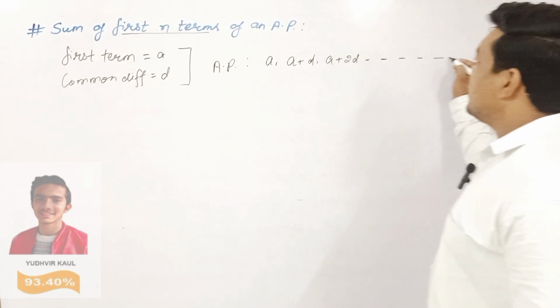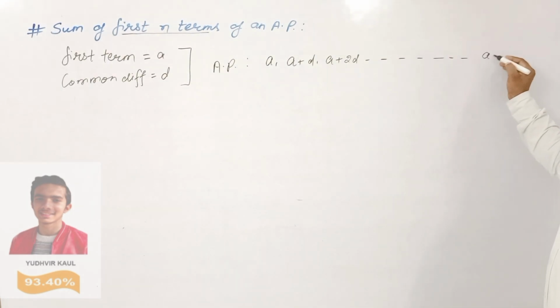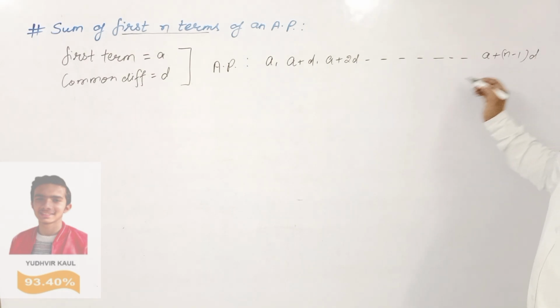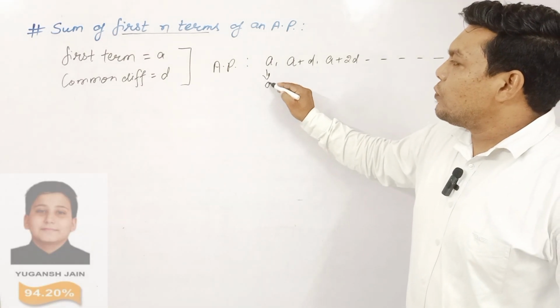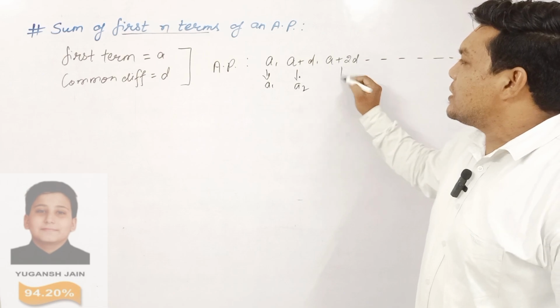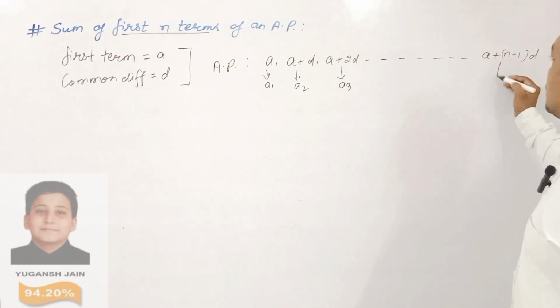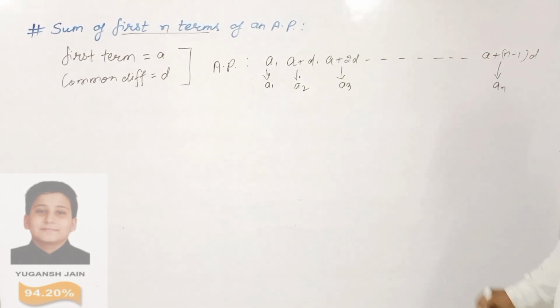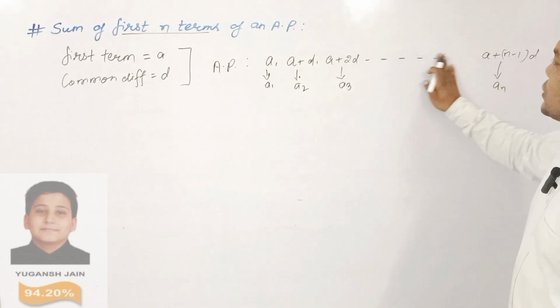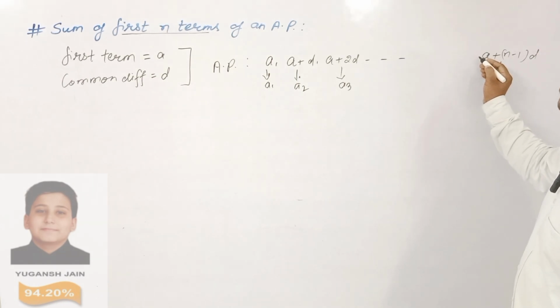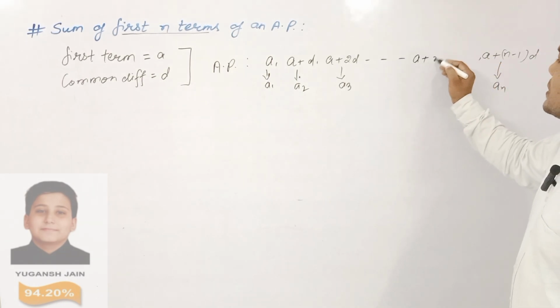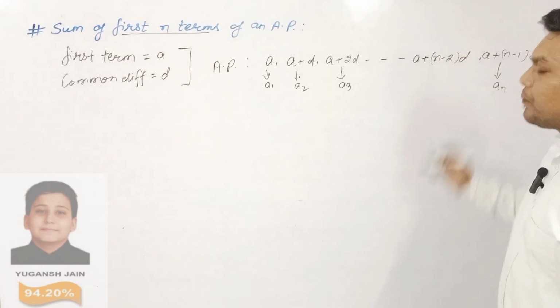If you continue in this way, it will be a plus n minus 1 into d. This is your first term, this is your second term, this is your third term, and this is your nth term. If you wish to write n minus 1th term, it will be a plus n minus 2 into d.